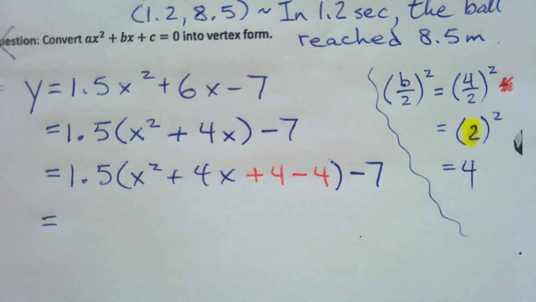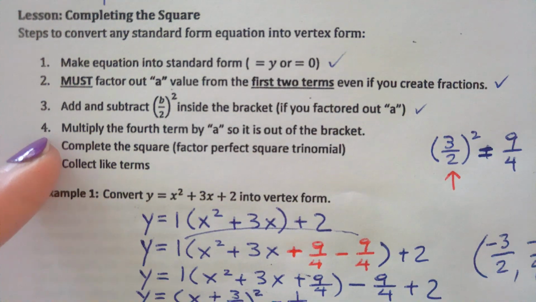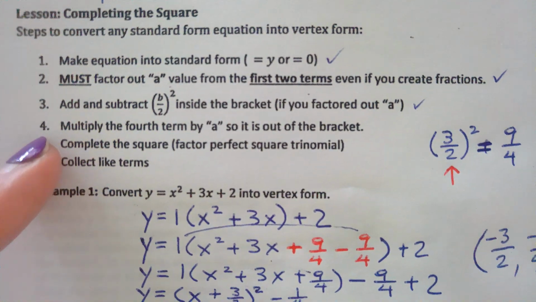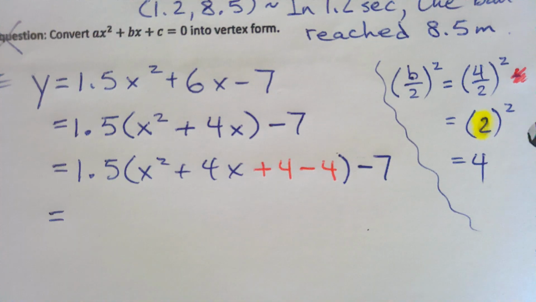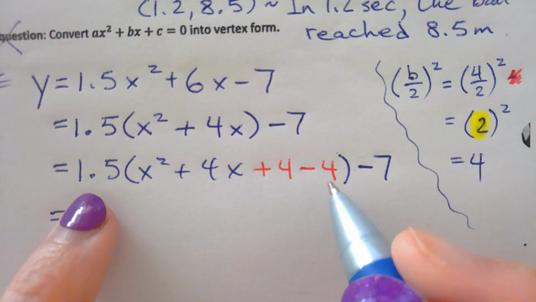Next, step number 4. What is step 4? I never understood past step 3. Okay, so that's why I asked you step 4, because I know you got lost after that. Can you read it for me? Multiply the fourth term by a, so it is out of the bracket.